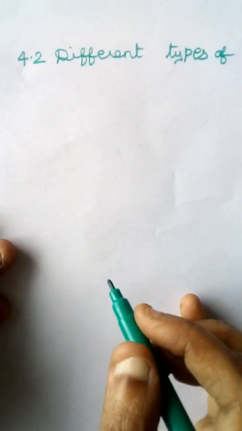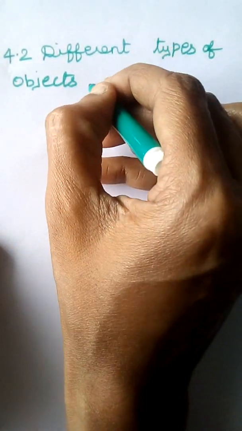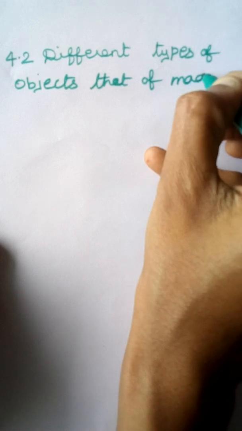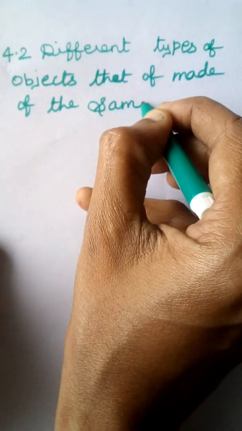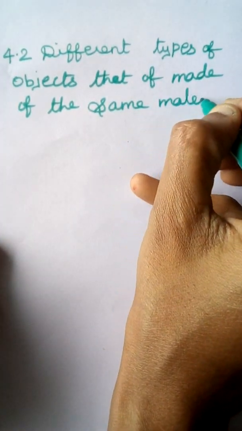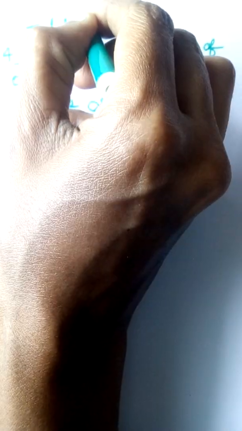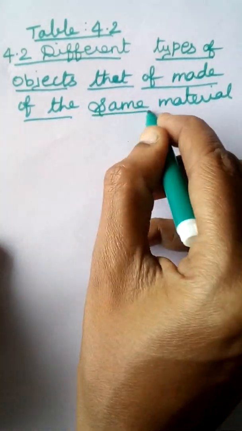This is the heading, Table 4.2: Different types of objects that are made of the same material.